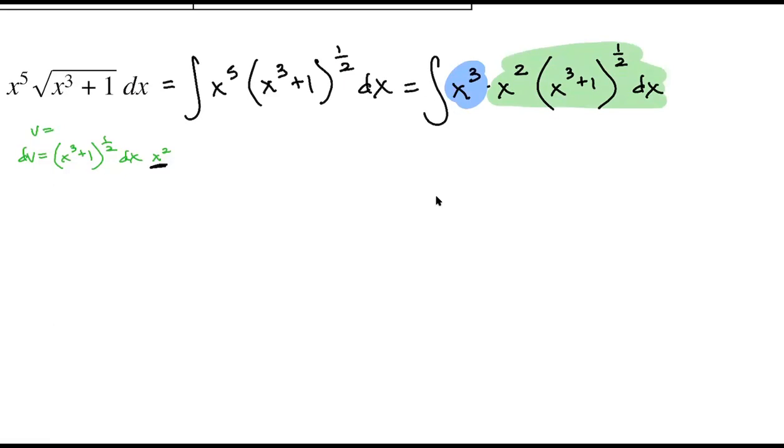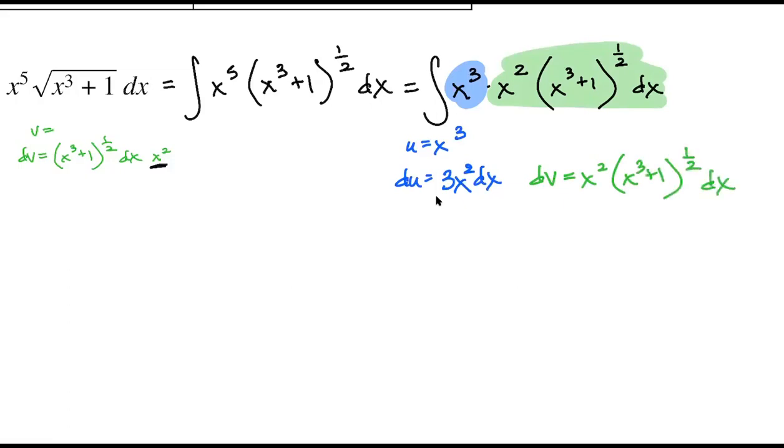So if we do a new u sub setup here, I've got u equals x cubed, du equals 3x squared dx. dv is x squared times x cubed plus 1 to the 1/2 dx. And now I can use u sub to find my v.